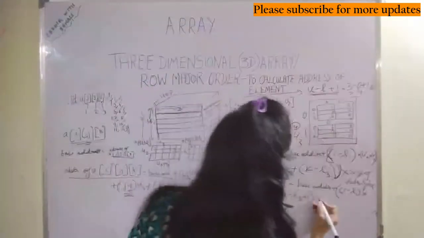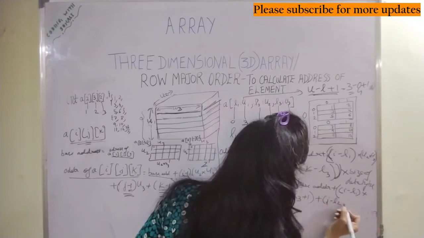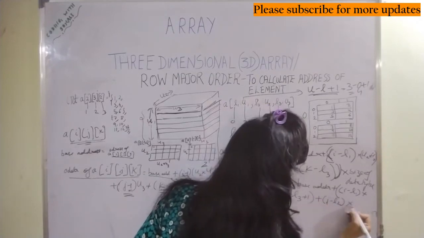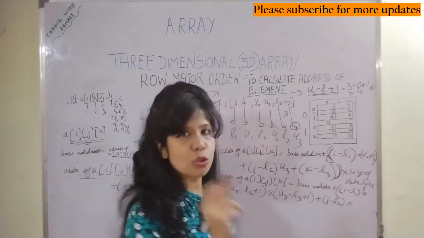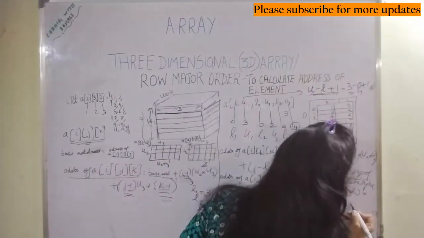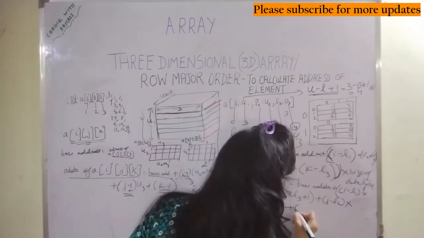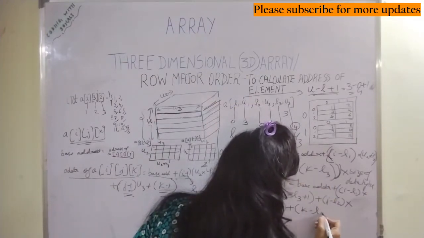Then plus J minus L2, multiplied by U3, again U3 minus L3 plus 1, because I have to calculate the number of elements. Then plus K minus L3.